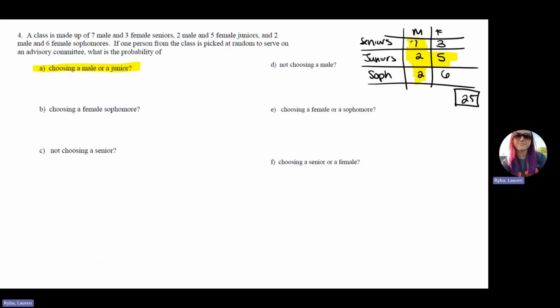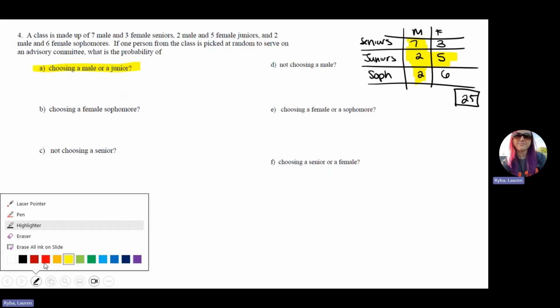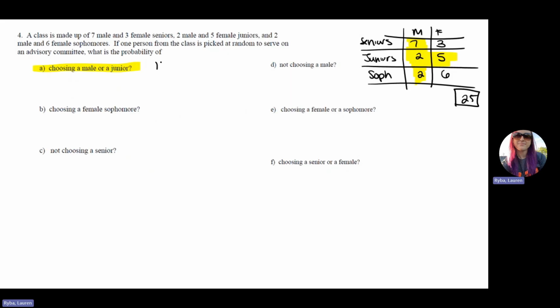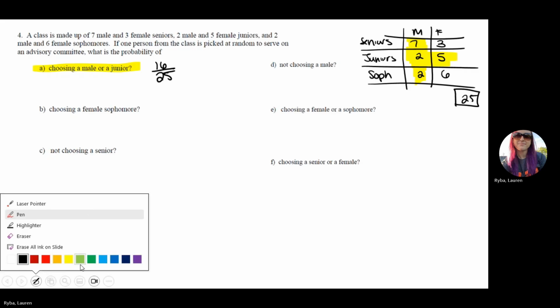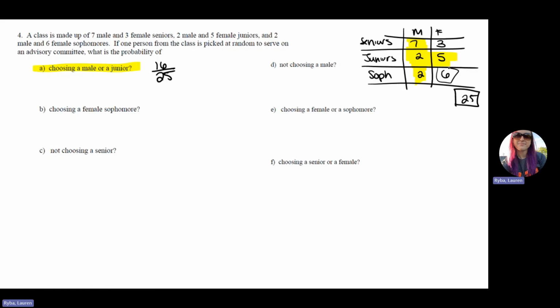So if I add those together, 7, 9, 10, 11, 16 out of the 25. Next one says choosing a female sophomore. So the sophomore has to be from the female column, and that is 6 female sophomores, so 6 out of 25.